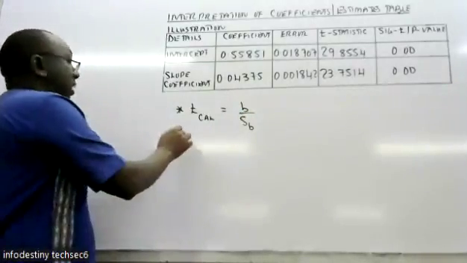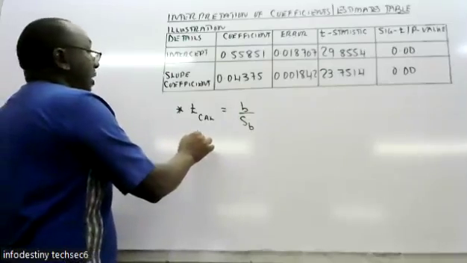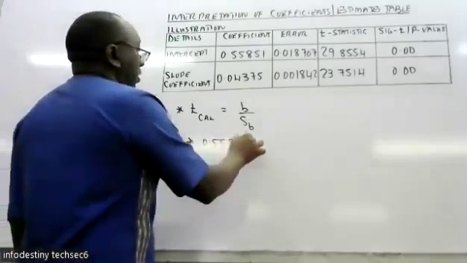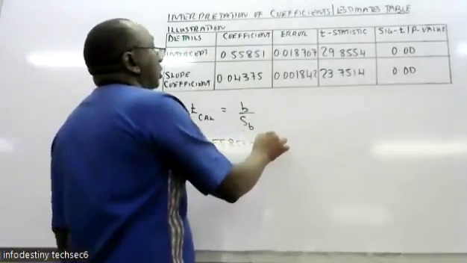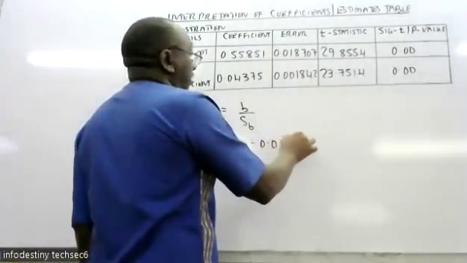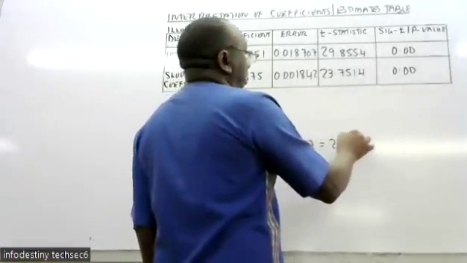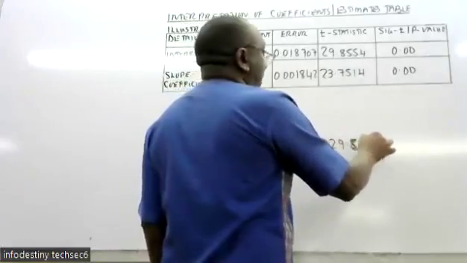And you can confirm. You can confirm like this: 0.55851, if you divide it by 0.18707, it should give you 29.8554.